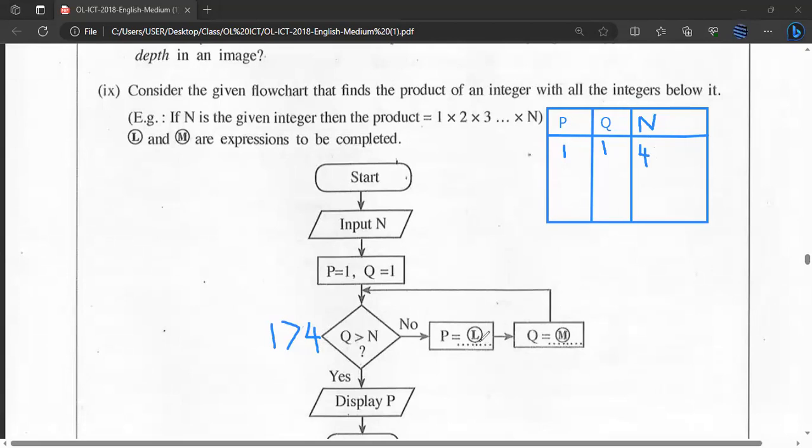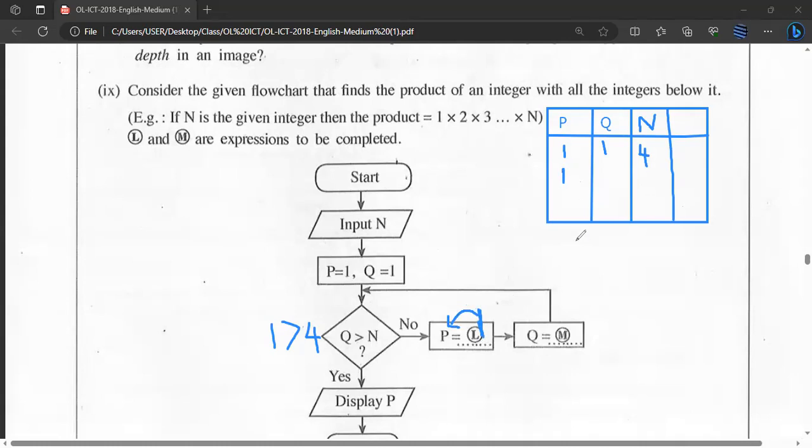For L, we found the answer. So L, what is the answer? P into Q. So P is 1 and Q is 1. Then how much will be assigned to P here? So 1 into 1, so 1. So this 1 will be assigned to P now. So here it will be 1.